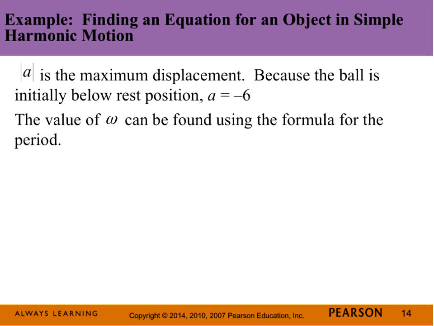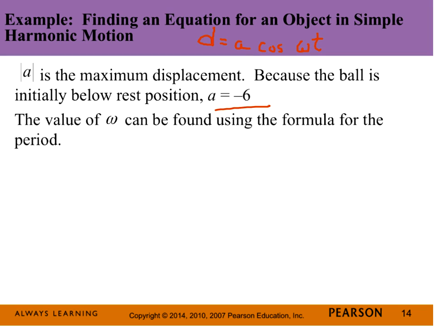Okay, so just to remind you, we have D equals A cosine, funny W, T. All right, so the absolute value of A is the maximum displacement, also known as the amplitude. Because the ball is initially below the rest position, A is equal to -6. The value of funny W can be found using the formula for the period.